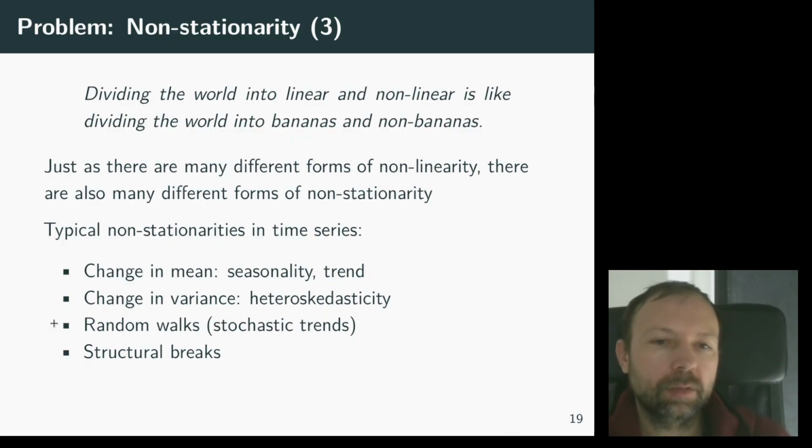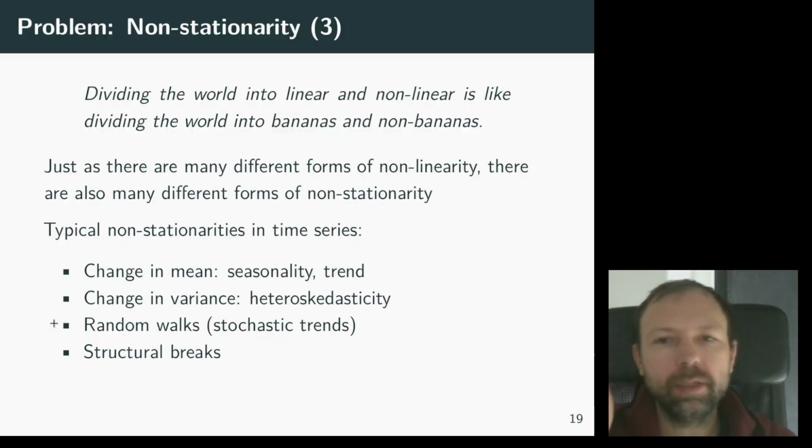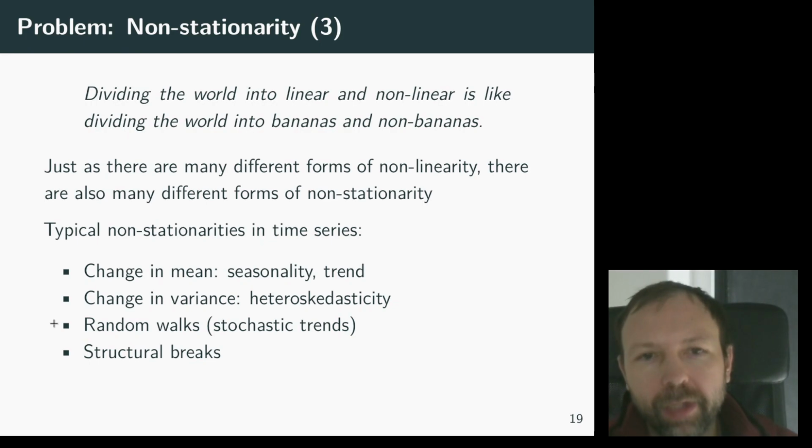You can just get a structural break where I just tell you, okay, up until this point here, the series was an AR3. And now from this point forward, the series is just a constant 0, right? Totally has nothing to do with what happened before. And we've seen these series, right?